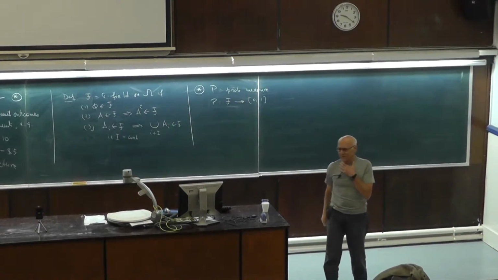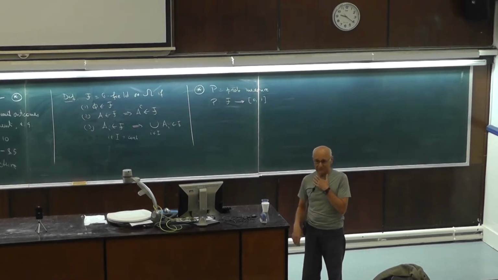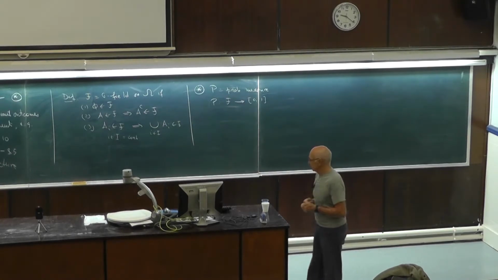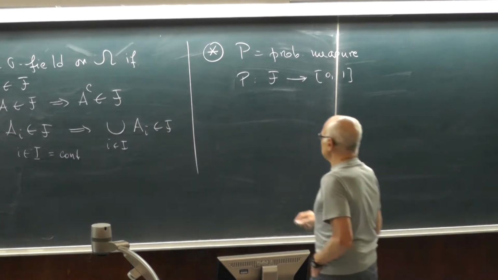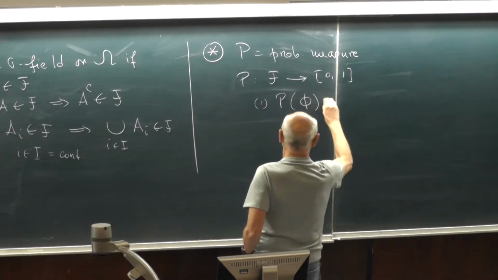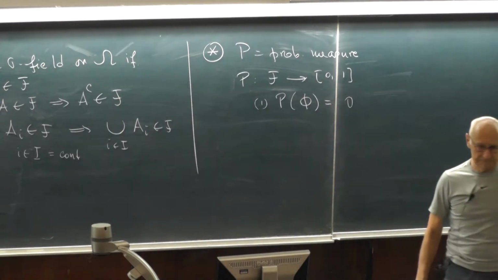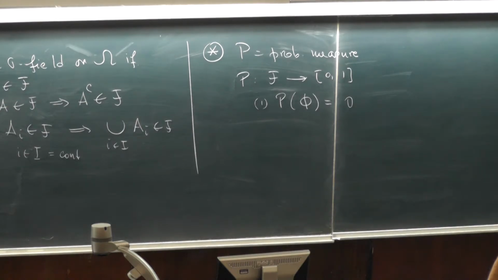You hear the weatherman, although you don't believe it, say that the probability of rain tomorrow is 80%, and you may see sunshine, but it's between 0 and 1. And it has the following properties. The probability of seeing the empty set is 0. That is, you don't see anything.